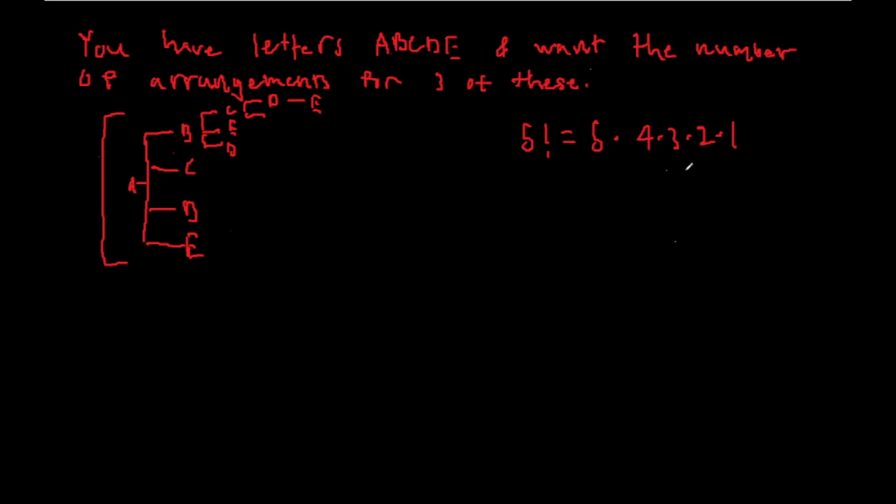But since you only want to find it for 3 of the letters, you want the number to stop at 3, so it's just 5 times 4 times 3. So you divide out the 2 times 1.